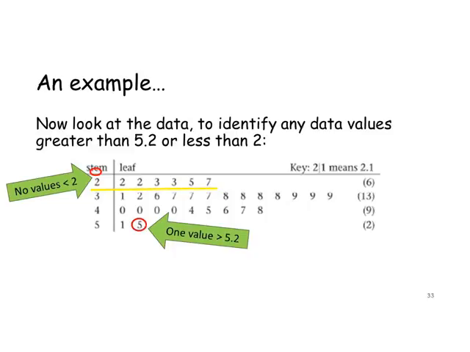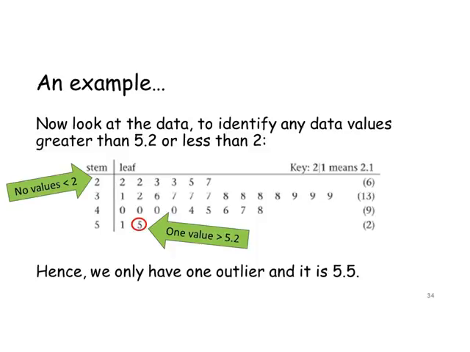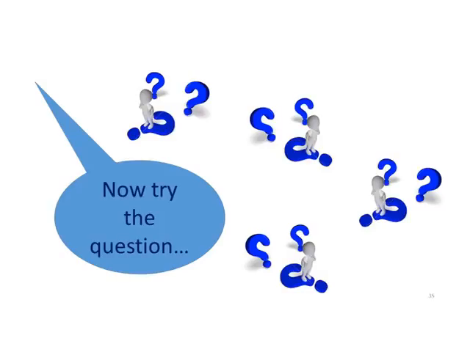But we do have one value greater than 5.2, and it's here. This one isn't. This is 5.1, but the second one is greater. This one is 5.5. So we only have one outlier, and it is 5.5. So that's an example of finding outliers. Now try the question.